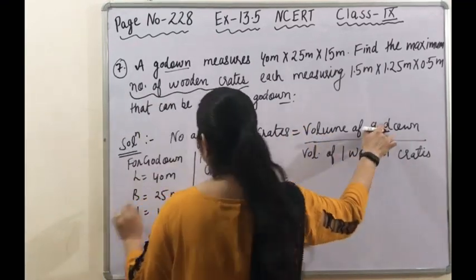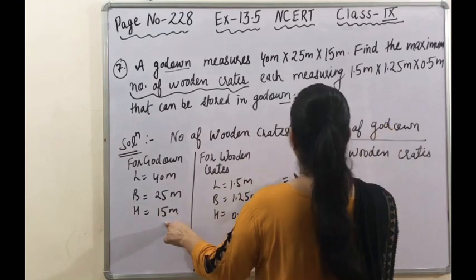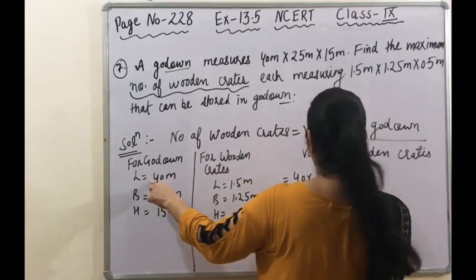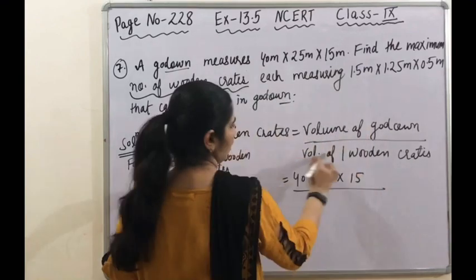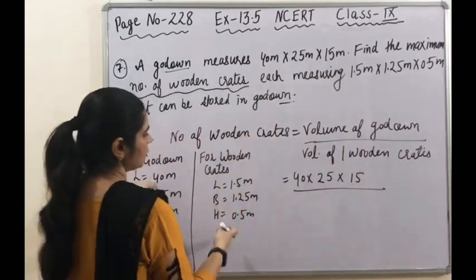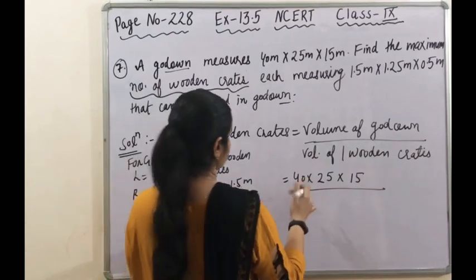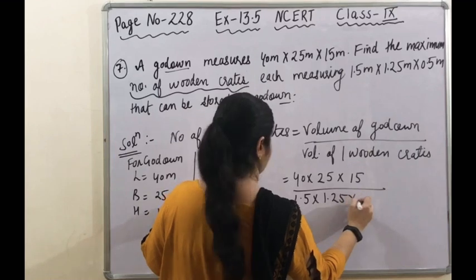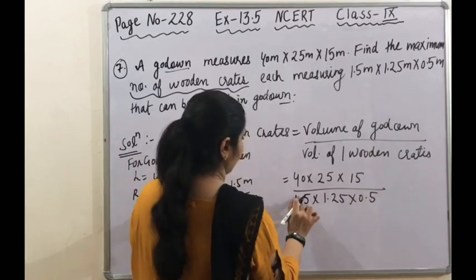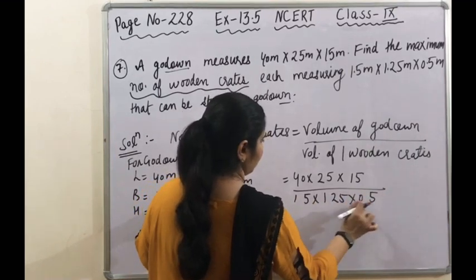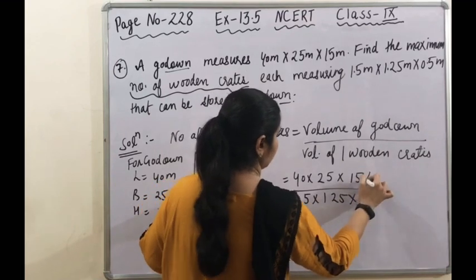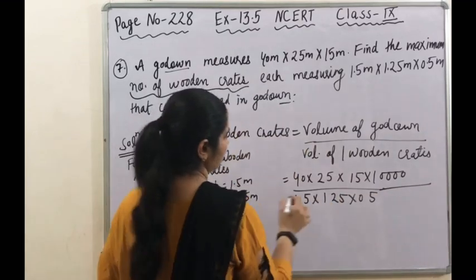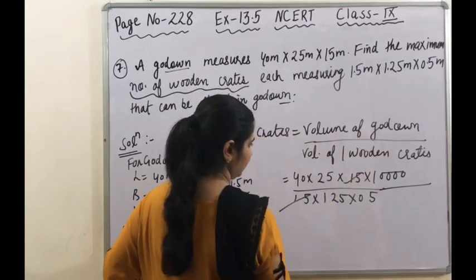Volume of the godown: length, breadth and height. I'll substitute 40 into 25 into 15, divided by the volume of one wooden crate. Dimensions of the wooden crate are written. Simply I am substituting here 1.5, 1.25, 0.5. If I omit the point, 1, 2, 3 and 4 zeros will apply in the numerator. Now we'll do the cancellation. 15 and 15 cancel.